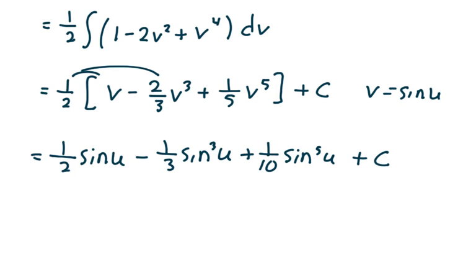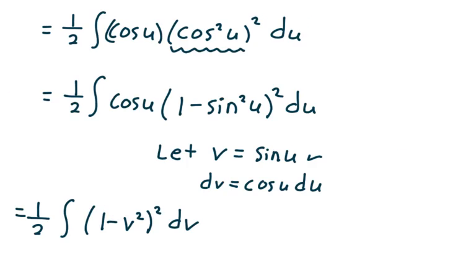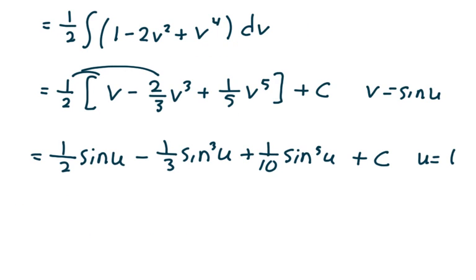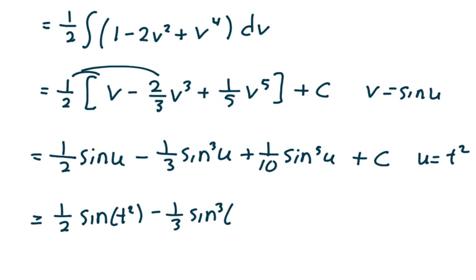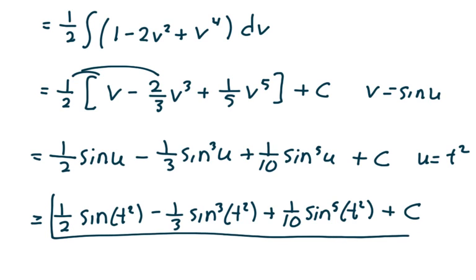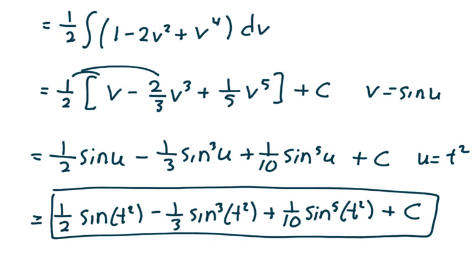But remember, got to go back, u is equal to t squared. You have to have everything in terms of t. And so this is 1/2 sine of t squared minus 1/3 sine cubed of t squared plus 1/10 sine to the 5th of t squared plus c. And that right there is how you do example 2.